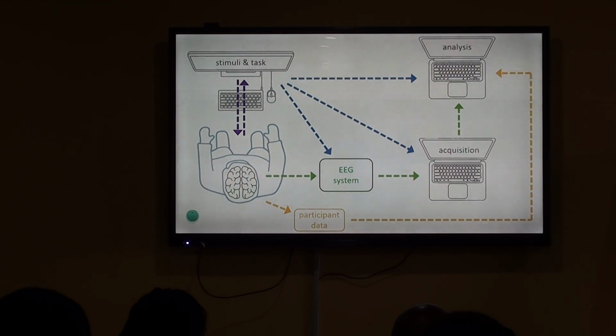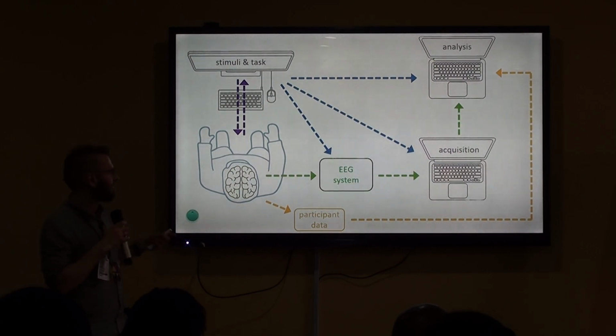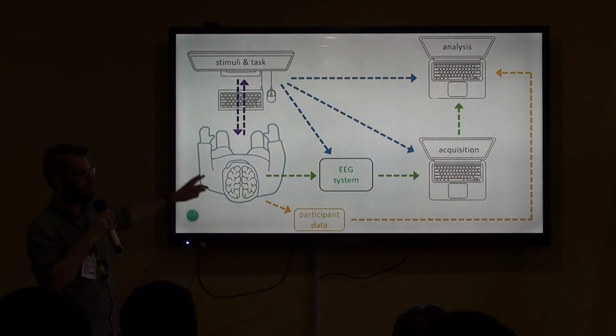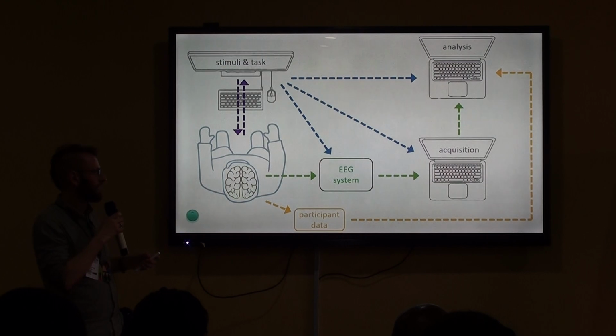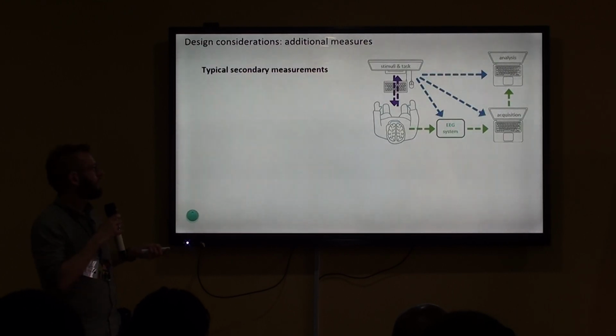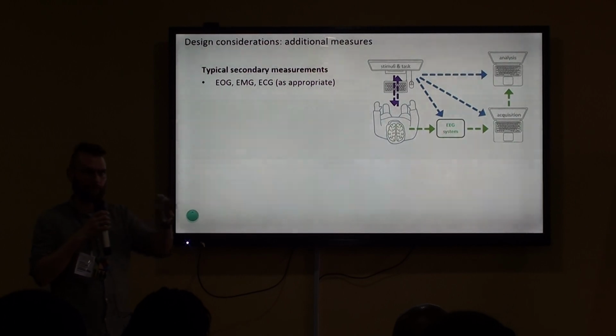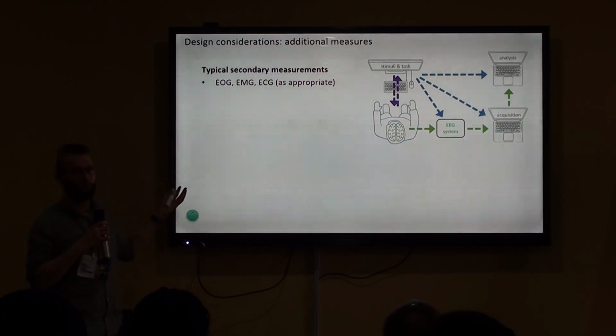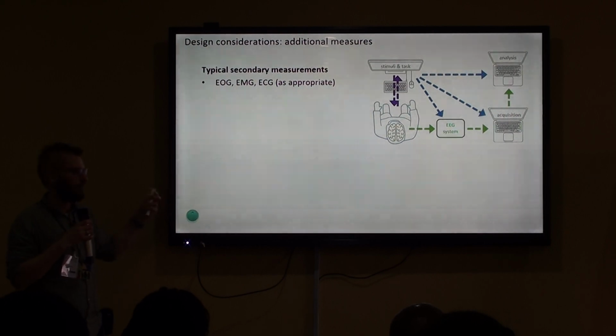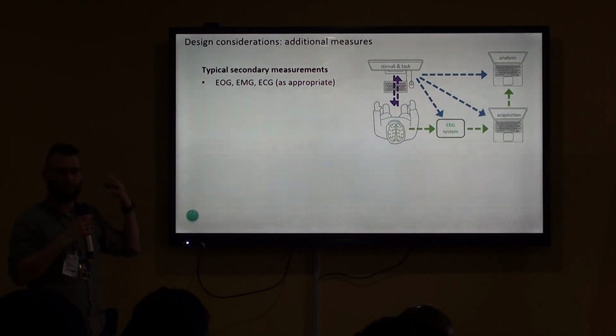So finally, when we do our experiments, there might also be some secondary measurements that we want to take into account. Typical secondary measurements, I think we talked a bit about it when Robert showed all the different things they're doing in the lab, would be, for example, electrooculogram, electromyogram, or electrocardiogram, if we are worried that these things might influence our EEG measurements in a very systematic way.